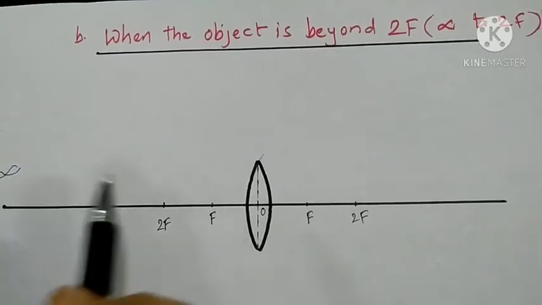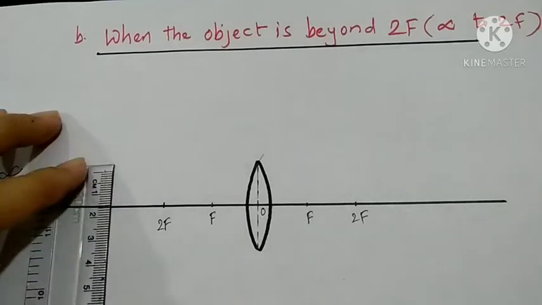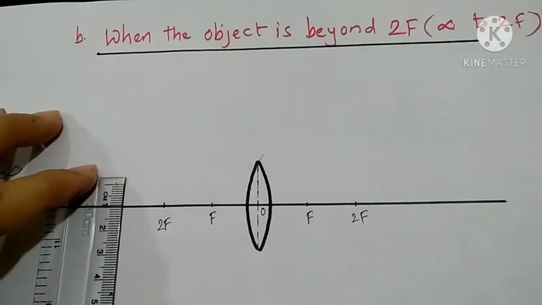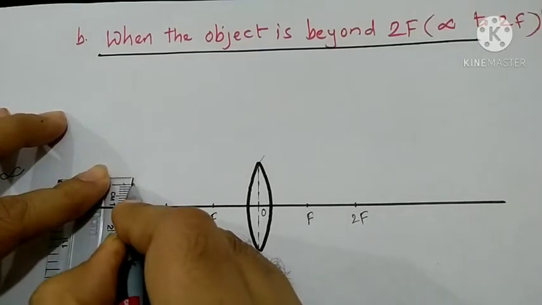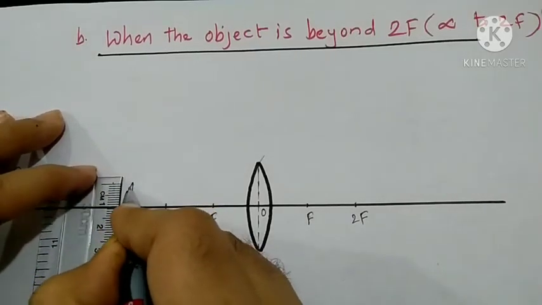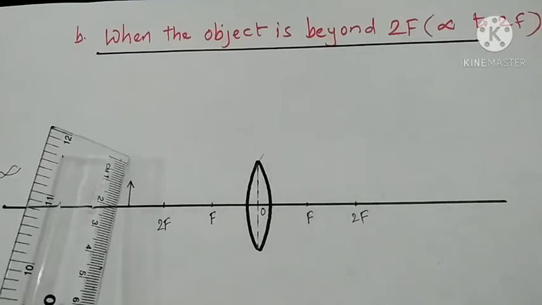So we place the object somewhere between infinity and 2f. Let's take the height of the object to be 1 centimeter for my convenience, because the height of the lens is much smaller in my case.